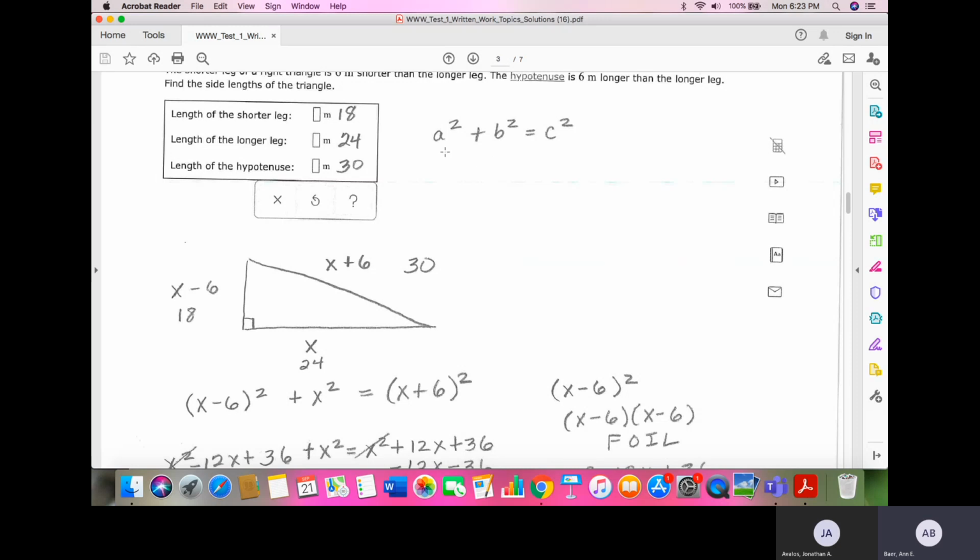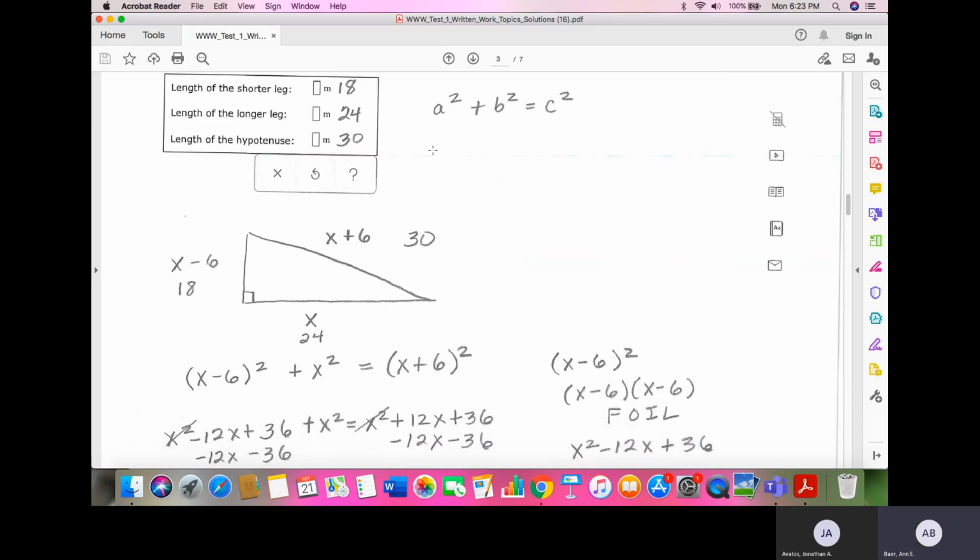Now the Pythagorean theorem is right here. It says that if you take one leg squared plus the other leg squared, it equals the hypotenuse squared. So the sum of the squares of the legs equals the hypotenuse squared.